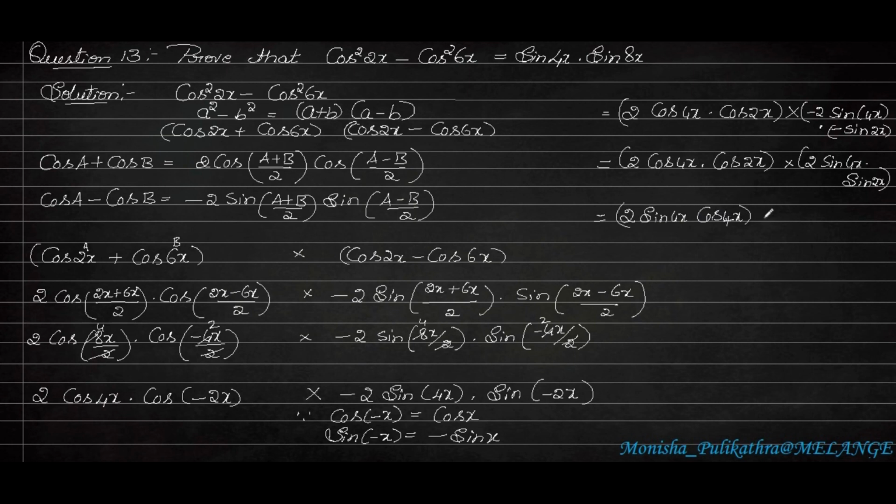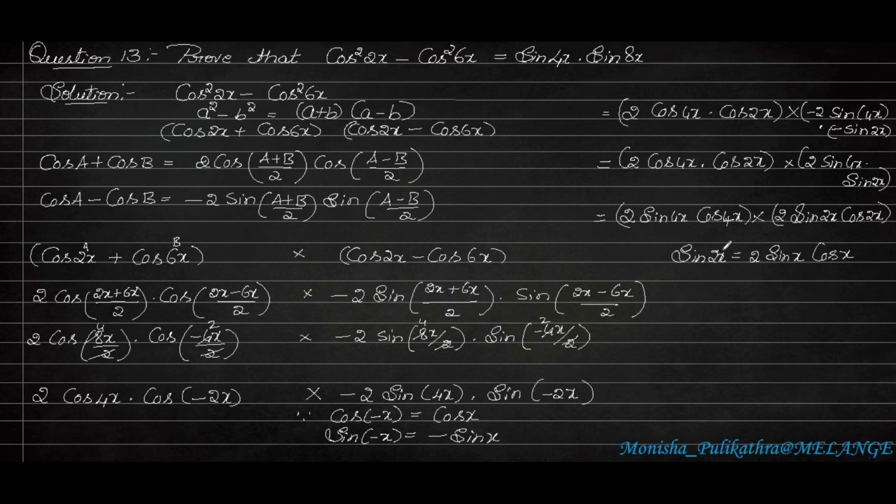In the same way, include another 2 here with sin 2x and cos 2x. So now it will become a formula: 2 sin 4x cos 4x and 2 sin 2x cos 2x. It is the same as the formula for sin 2x, which is 2 sin x cos x.